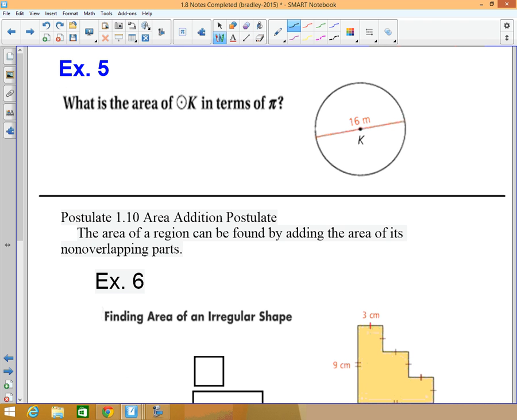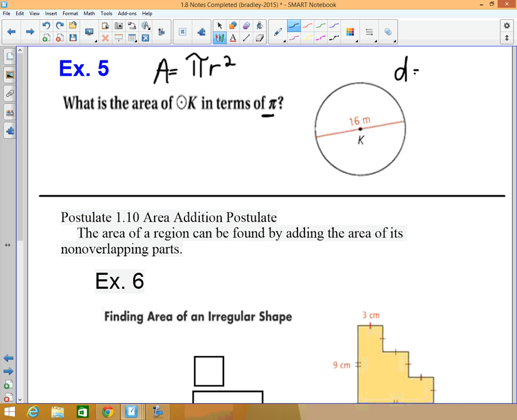Okay. The next one is finding the area of a circle. Remember, area is pi r squared. And it asks for the answer in terms of pi, so I can leave pi as a symbol and not multiply by 3.14. This is giving me the diameter.